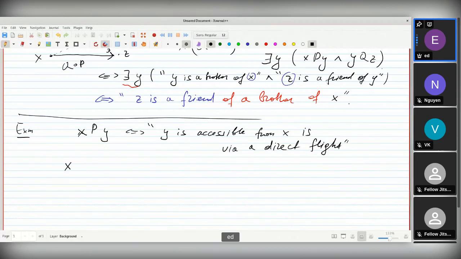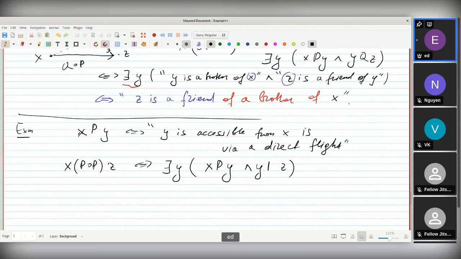So what it means, X composition of P and P, Z. That means that there is some change point, some airport where you should have a change.